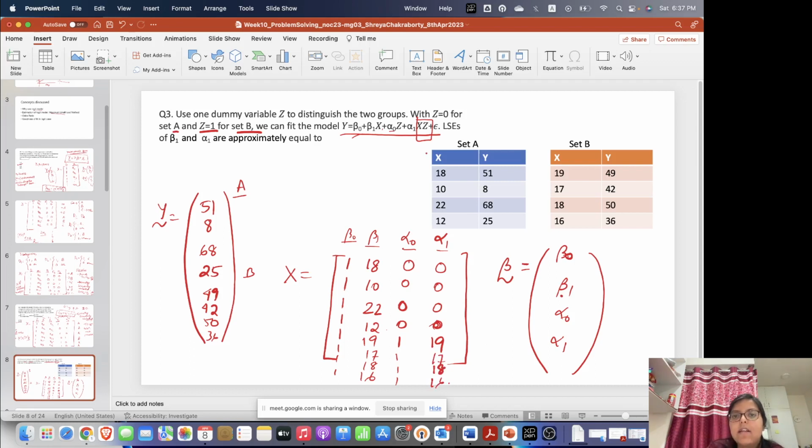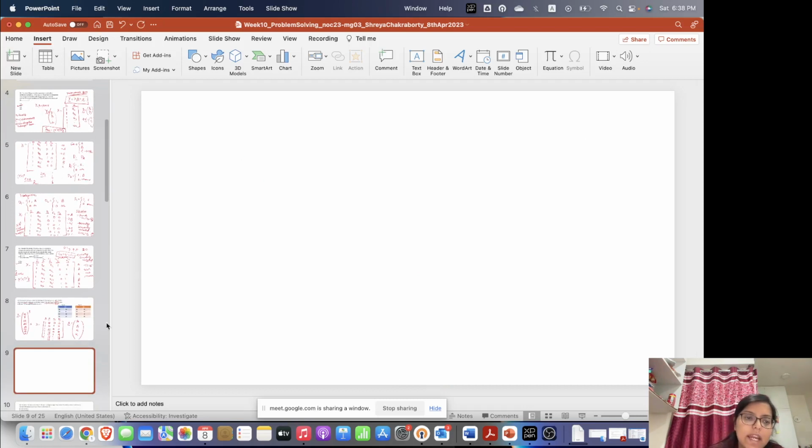Okay. Now we see that we have two categories, set A and set B, and we are using one dummy variable along with the intercept. So there is no problem of multicollinearity in the data. So then we can go ahead and compute this thing.